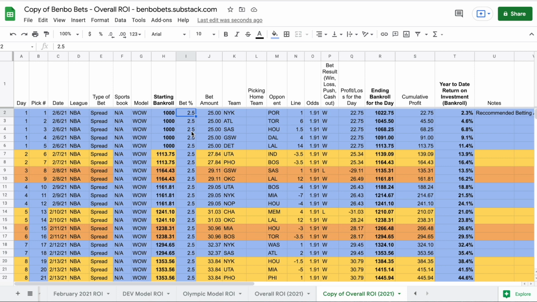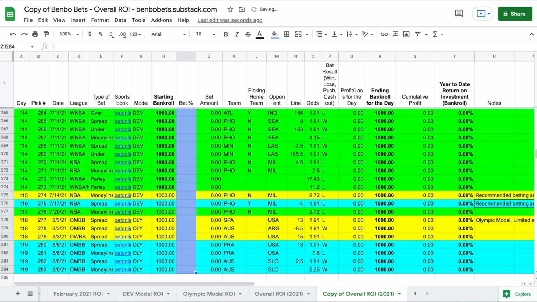When the betting percentage was at 20 and 10%, there were these huge swings. And combined with this hot start, there was a huge upward curve. But that's also exposing a huge amount of your bankroll each day. So a lower betting amount means much less exposure.